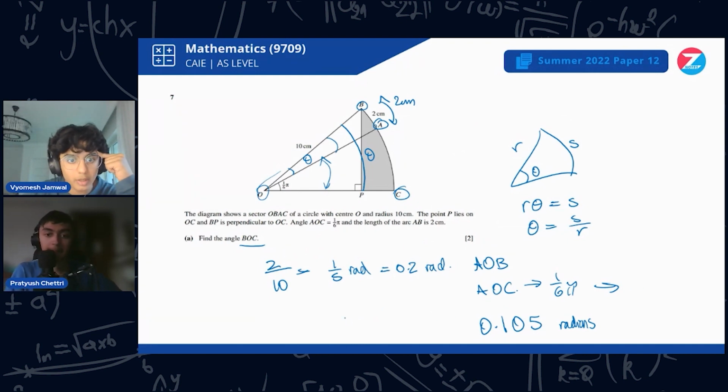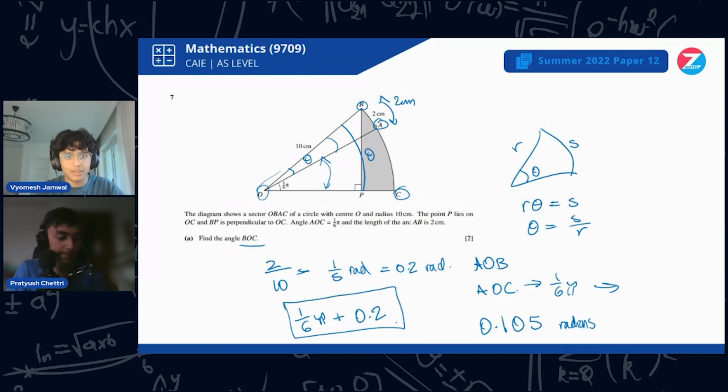You got 1.5, right? It was pretty straightforward, I think. Wait, 1/6 times pi plus 0.2. I think you calculated wrong, the 0.105. Oh, I multiplied it, yeah, instead of adding it, my bad. So that will be 0.724.